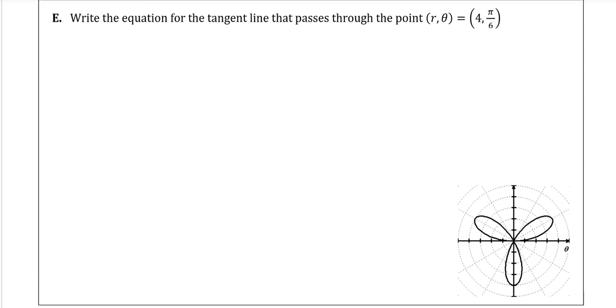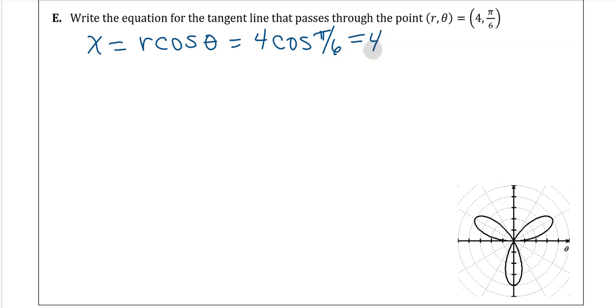Okay, then finally, write an equation for the tangent line that passes through the point r, theta equal to 4, pi over 6. So what I need then is I need my x and y values. So x at theta, remember x is r cosine theta, and that is equal to 4 times the cosine of pi over 6.